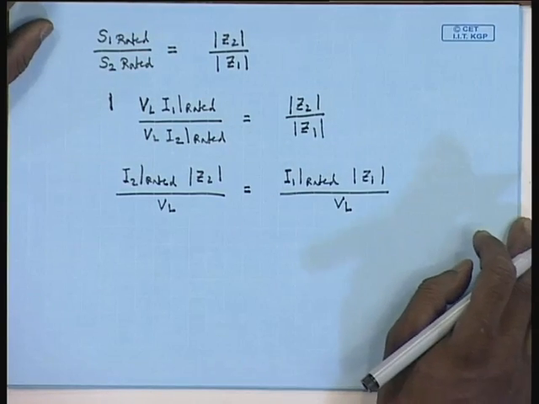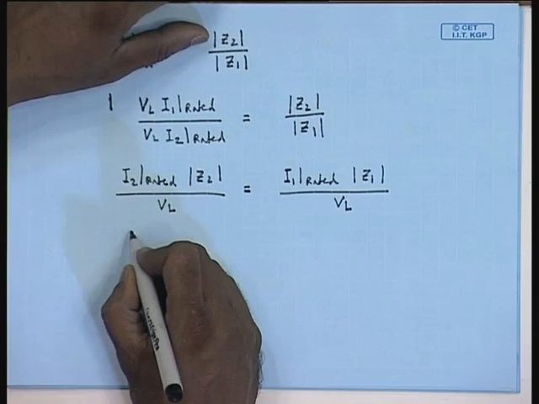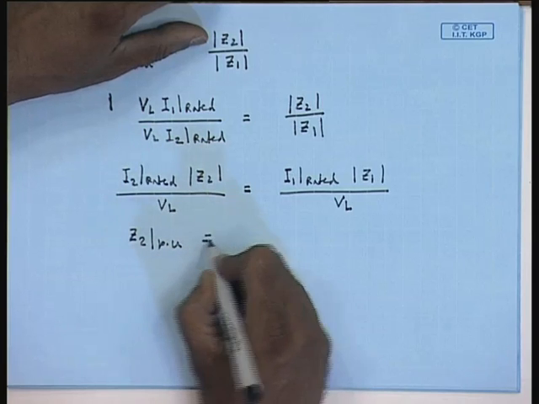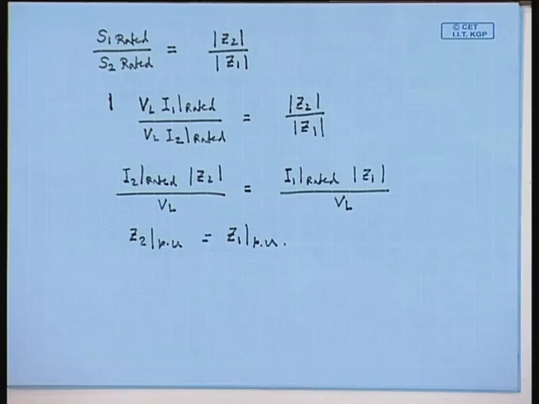Now, if both the transformers have a rated secondary voltage of VL, then this is Z2 per unit equal to Z1 per unit. Therefore, in simple terms, the parallel connected transformers should have equal per unit series impedance on their own base. That will ensure that the transformers will share the total load kVA in proportion to their individual kVA rating.